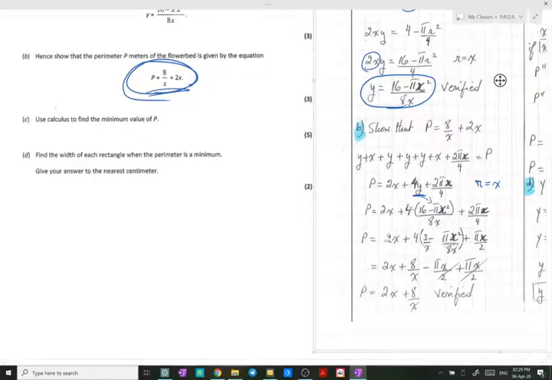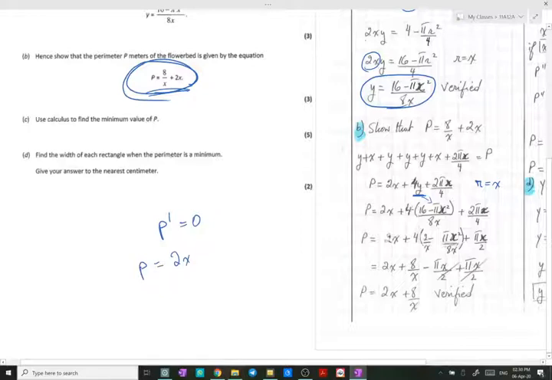Now in order to find the minimum value, we need to find the derivative, P prime, equal to 0. So we have P equals x plus 8x to the minus 1.